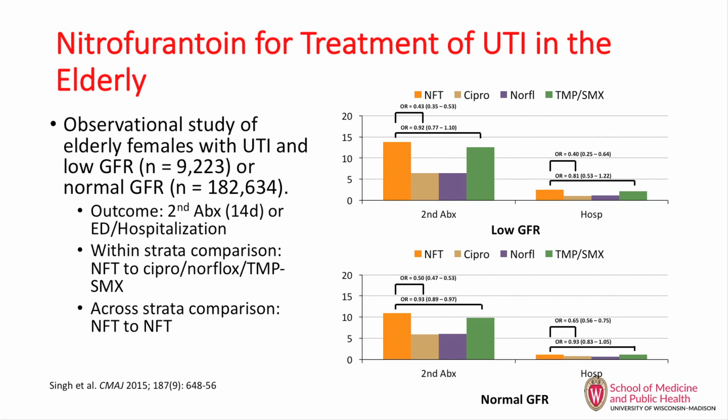So I like using nitrofurantoin, recognizing that I may have to switch to a different drug if there isn't a treatment response. I think you're going to probably see a little bit of a higher treatment failure rate with nitrofurantoin, even if it's susceptible, than you otherwise would if you had a susceptible quinolone or Bactrim isolate. But because of its side effect profile and narrow spectrum, I still like to use it as first line.